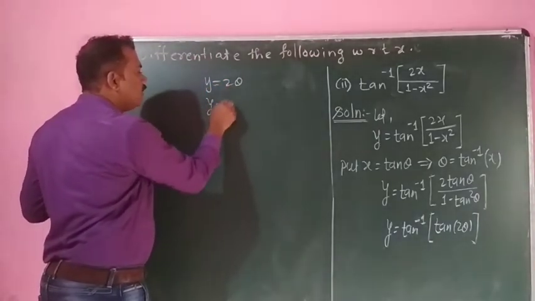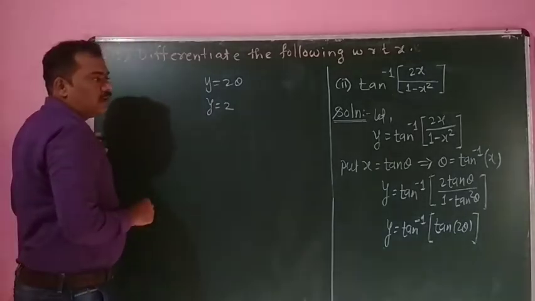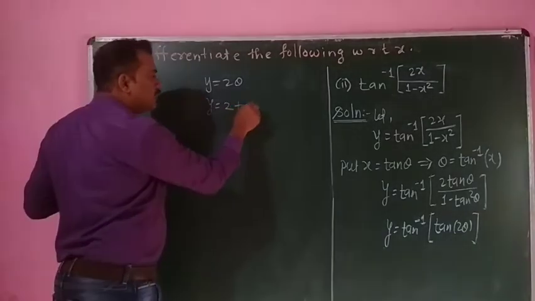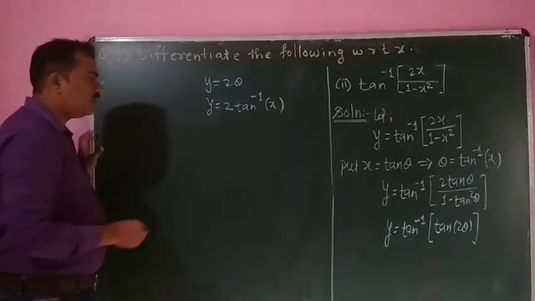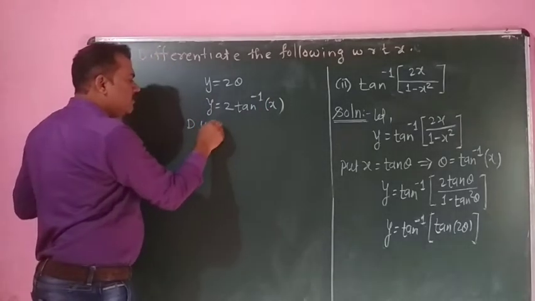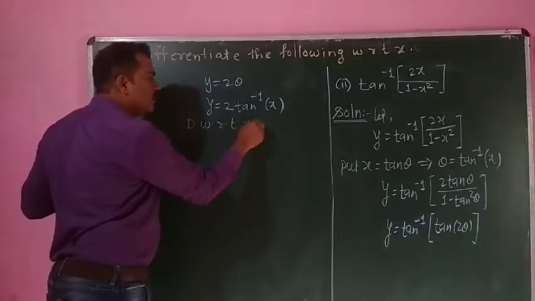That is, y is equal to 2 times theta. What is the value of theta? Theta is nothing but tan inverse of x. Now we differentiate with respect to x.